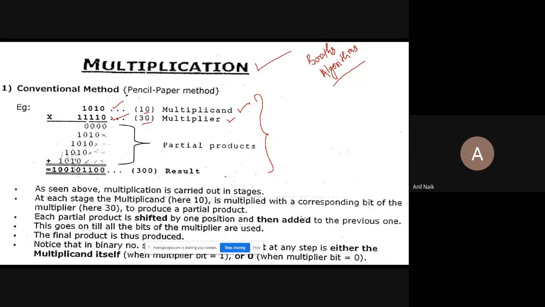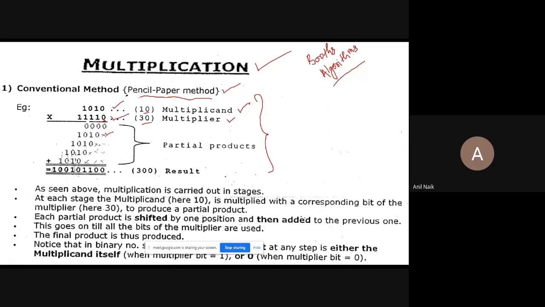This is the way of getting the partial products. This is the conventional, pencil and paper method that we use for multiplication.